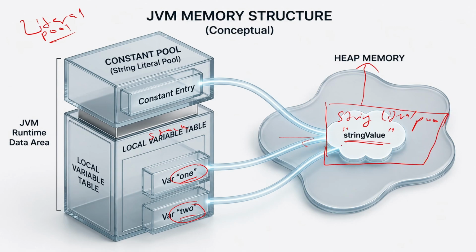So this is one value, another value, another value, like that we will be having multiple values inside string literal pool. So this needs to be stored somewhere, right? So we have another constant pool, so there is a constant entry. So this is the concept for literals, string literals. I hope it is clear.